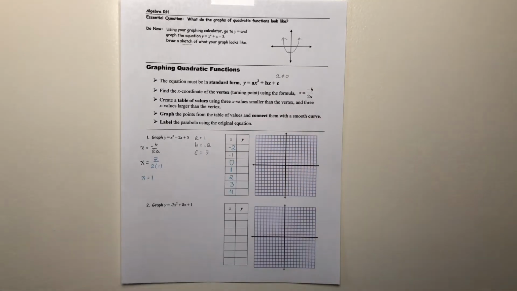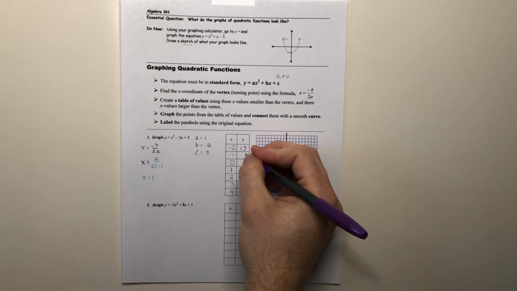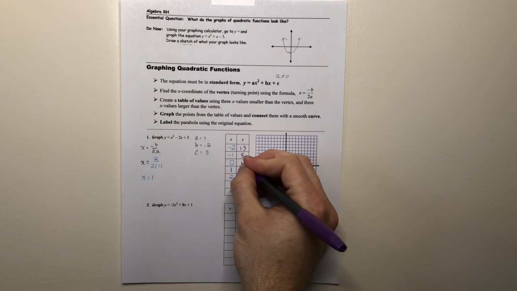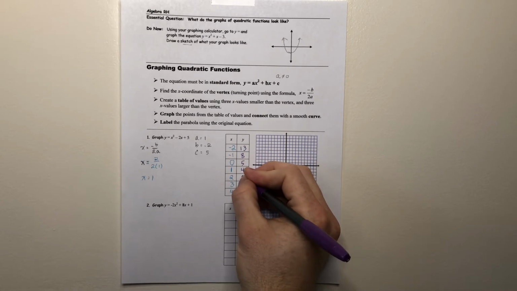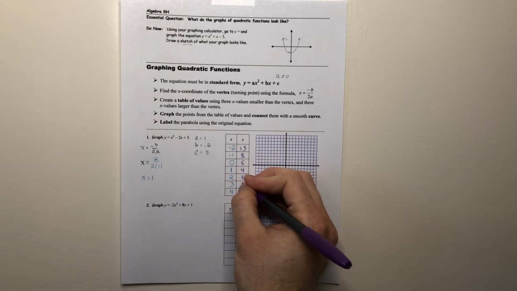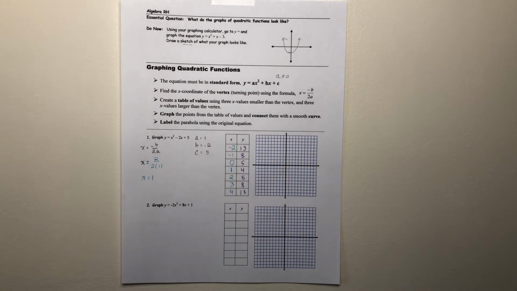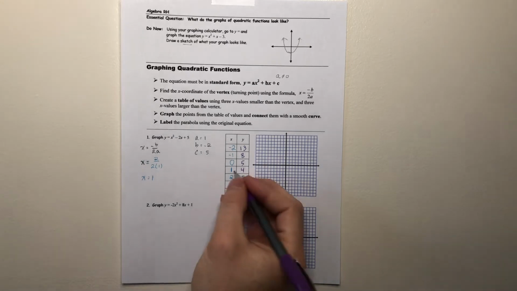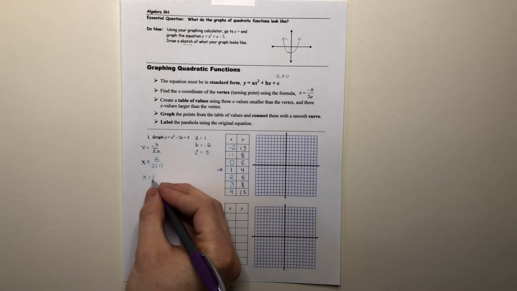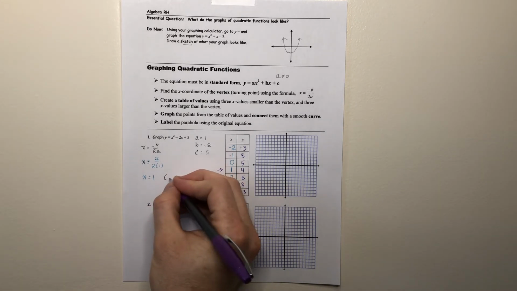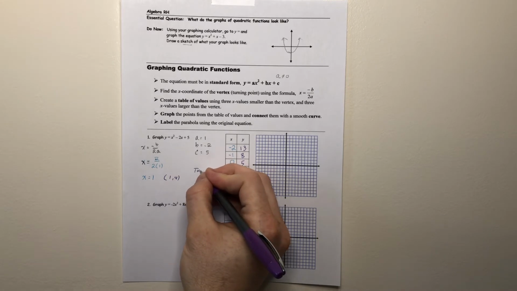All right, so you should get these values: 13, then we get 8, and then 5, and then 4, and then it starts to go back up: 5, 8, and then 13. Okay, so this point here, since this is the x value of 1 that we got before, that means that 1, 4 is called our turning point.